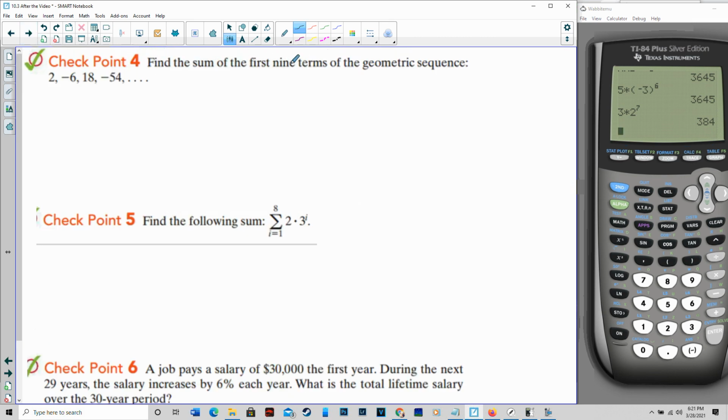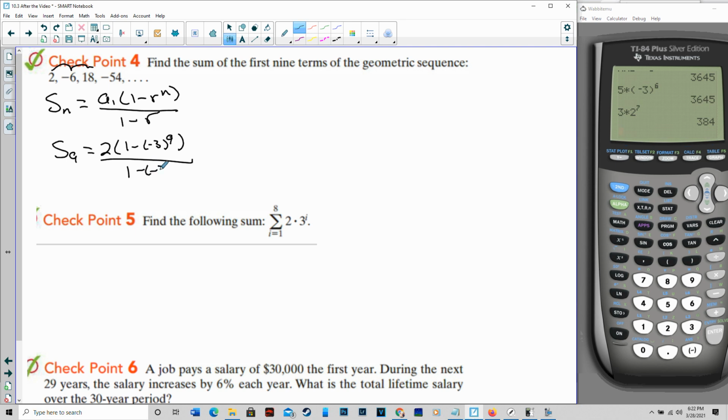Find the sum of the first 9 terms of the geometric sequence. All right, S sub n is equal to a sub 1 times 1 minus r to the n over 1 minus r. So S sub 9 is equal to a sub 1 times 1 minus, what we're multiplying by is -3, -3 to the, how many terms? 9 terms.